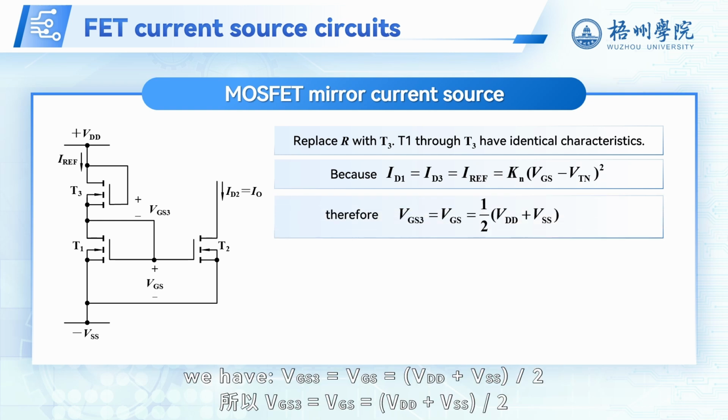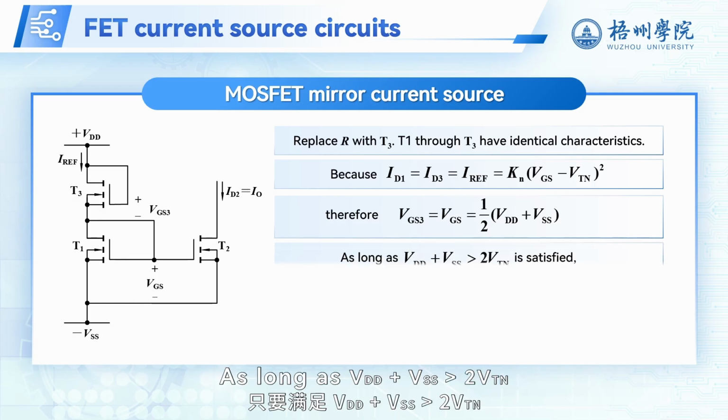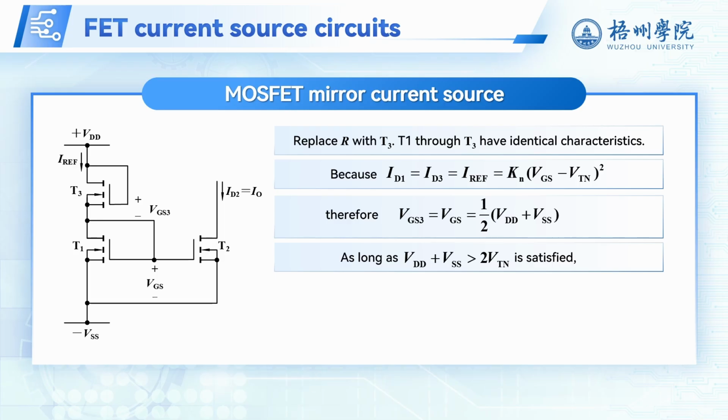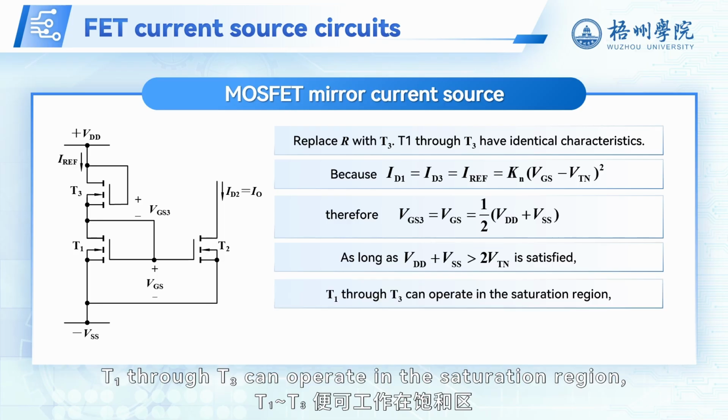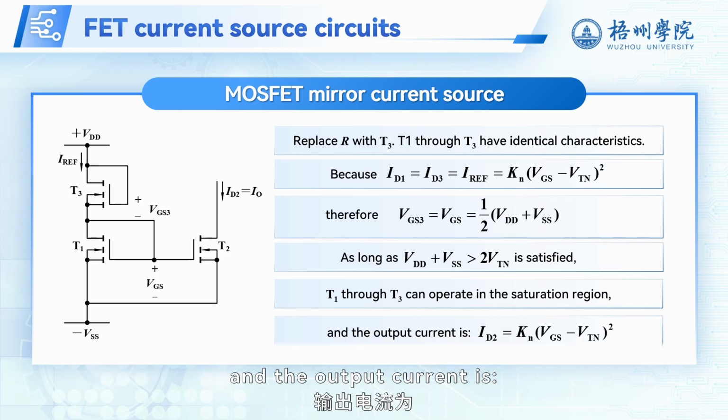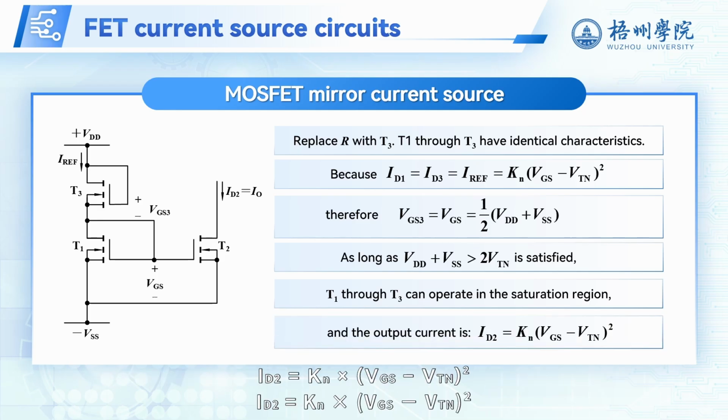We have V_GS3 equals V_GS equals (V_DD plus V_SS) divided by 2. As long as V_DD plus V_SS greater than 2V_Tn, T1 through T3 can operate in the saturation region, and the output current is I_D2 equals K_N times (V_GS minus V_Tn) to the power of 2.